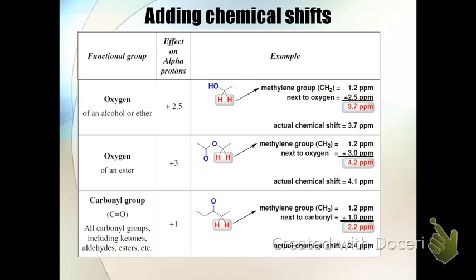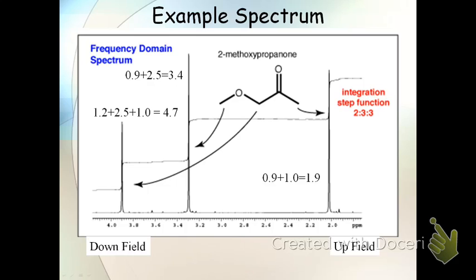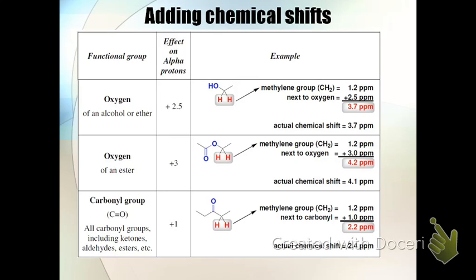So if you had a methylene group that you'd say is about 1.2, here the shift is going to be about 2.5. You'd expect to see that signal around 3.7 parts per million.